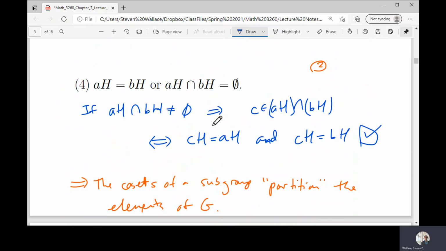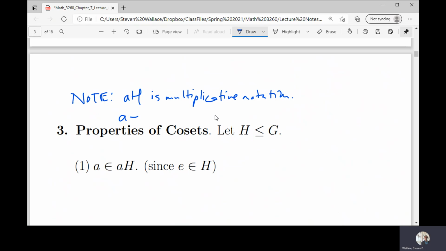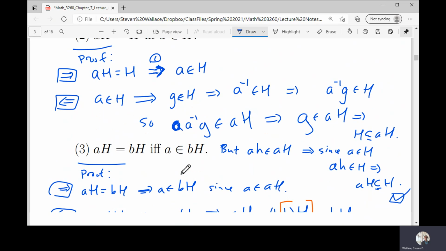So we've been using multiplicative notation for this. Note that's multiplicative notation. Additive notation is this, for cosets, which means that we could rewrite all these things in the same way, right?